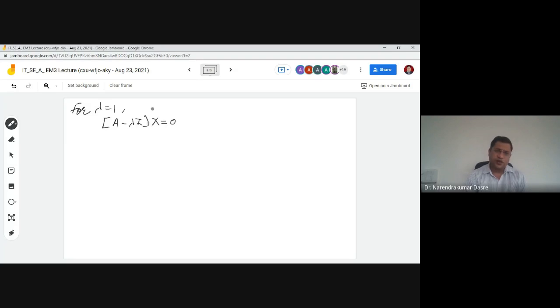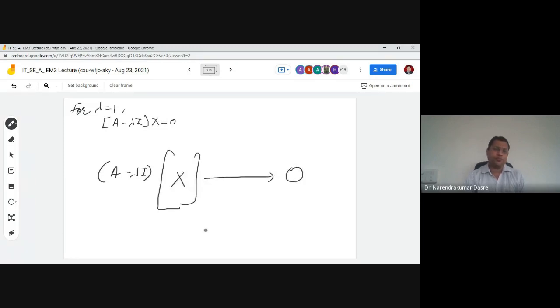We have to find out the vector x such that the action of this matrix on this x gives you the answer 0. This 0 means it is a zero vector.